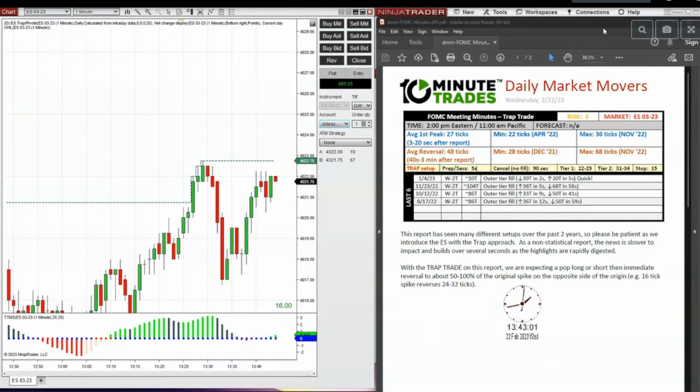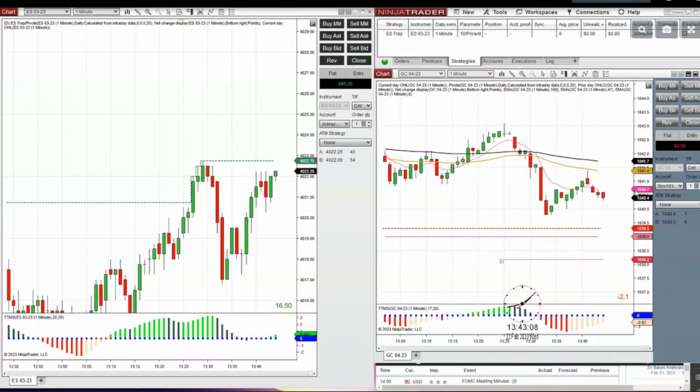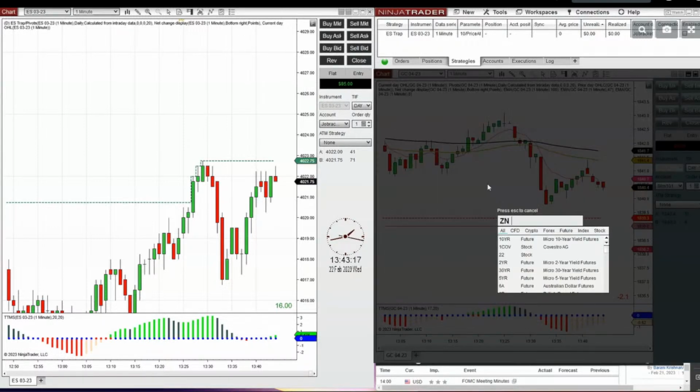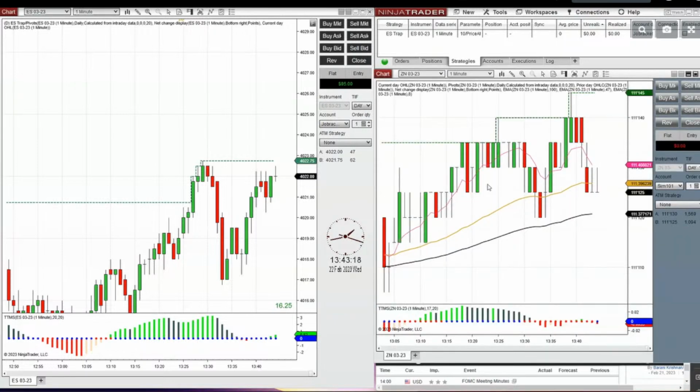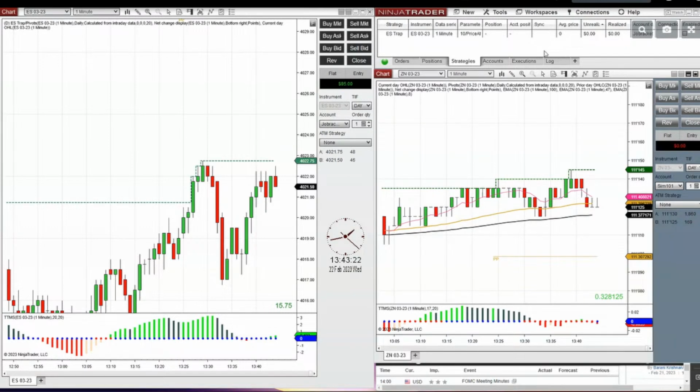I'm also just watching. I'm trying to debate if I wanted to keep an eye on gold or bonds. Tempted to watch bonds. Just on my other chart. And I want to check our time sync.